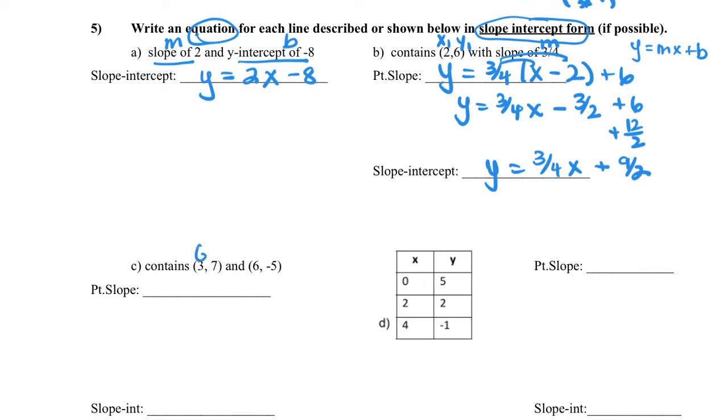So if I put that 6, -5 on top or below my other point, I can use my table to find my slope. So from 6 to 3 is decreasing by 3, and from -5 to 7, that is increasing, and it's increasing by 12. So again, picture that number line if you need to get those values.